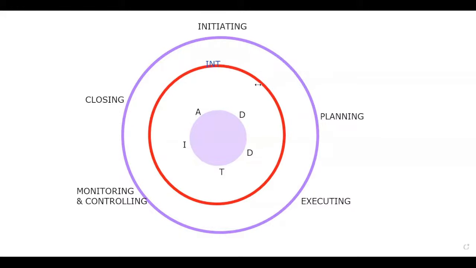So we have integration, scope, schedule, cost, quality, resources, communications, risk, procurement, and stakeholder management.